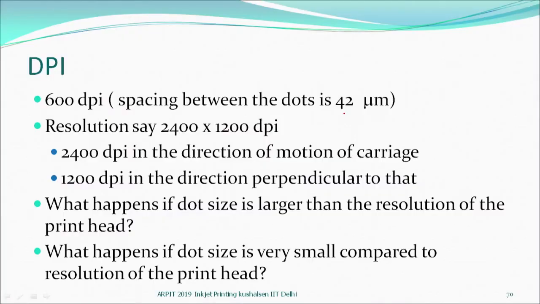How will it change our position? Can you think about it? So, the question that may have to be asked, what happens if the dot size is smaller compared to the resolution of the print head?